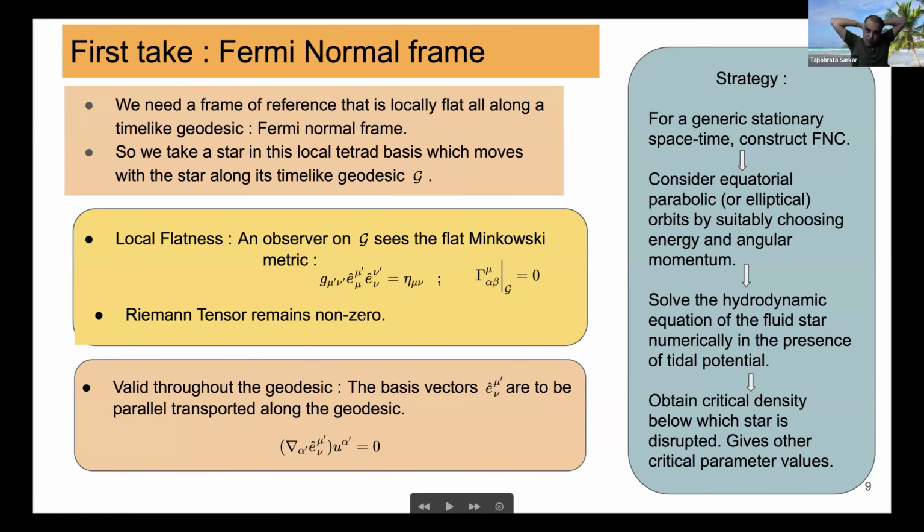So if you imagine that the center of mass of the star is following a geodesic trajectory, then you could always set up a local tetrad basis which moves along with the star along the time-like geodesic, so that the space-time is flat all along the geodesic. This is the very famous construction by Manasse and Misner in, I think, 1963 or 64, which has been used a lot in studying these tidal disruptions.